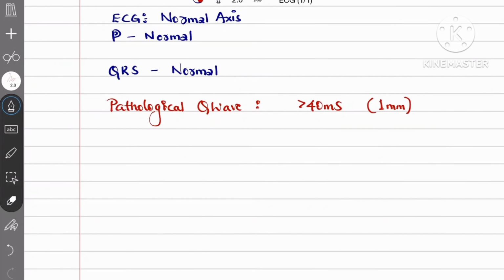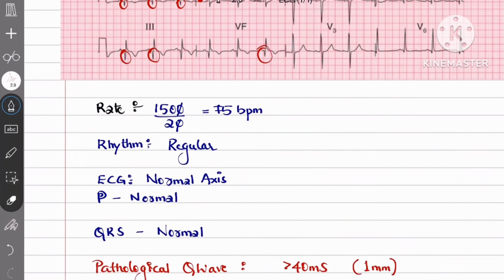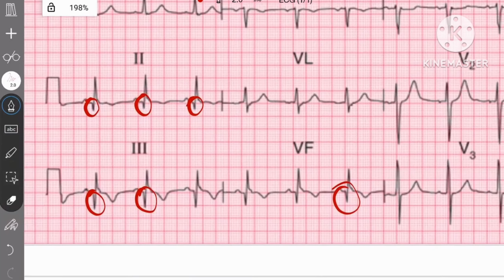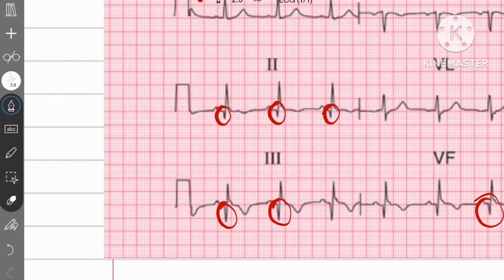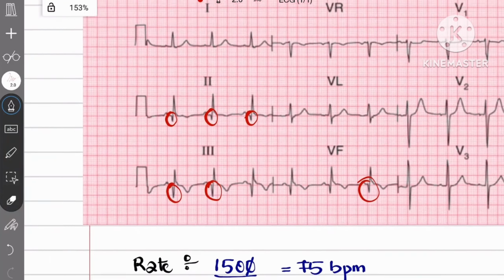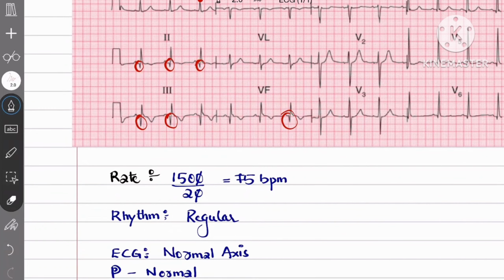Also, the depth is more than 2 millimeters, that is, more than 25 percent of the QRS. If it is more than 25 percent of the QRS, these are pathological Q waves. Each small square is 1 millimeter, and here it is more than 2 millimeters deep. So this is probably a pathological Q wave.